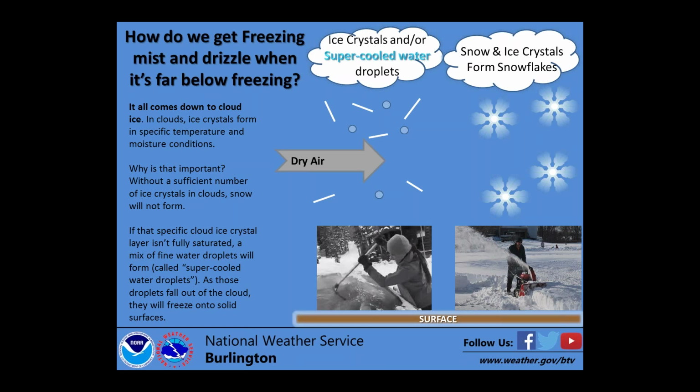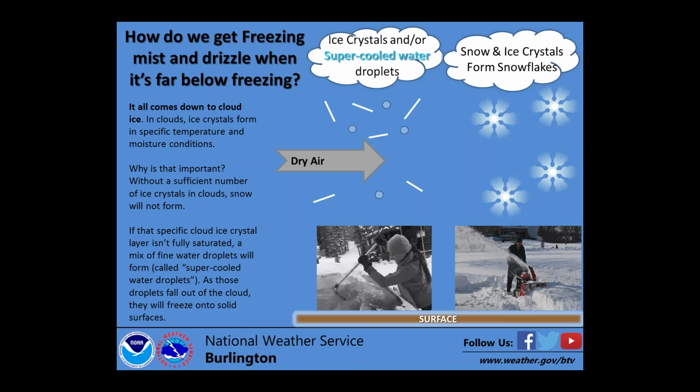Unfortunately, I don't recall the date, but you start off with ice crystals and or supercooled water droplets, and then you have dry air that intrudes upon those ice crystals and supercooled water droplets. So therefore, there's not enough of them to form into snowflakes. So from that, you kind of just have mist hanging in the air in the form of those ice crystals or the supercooled water droplets.